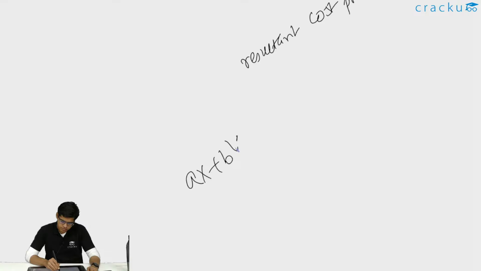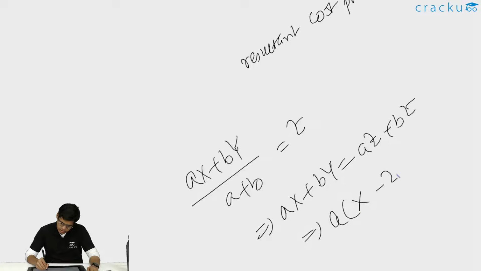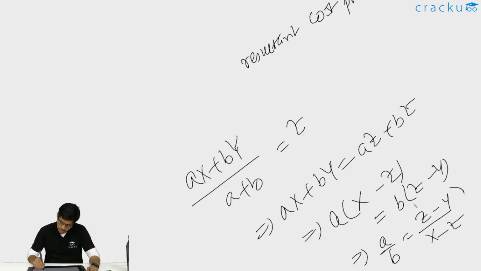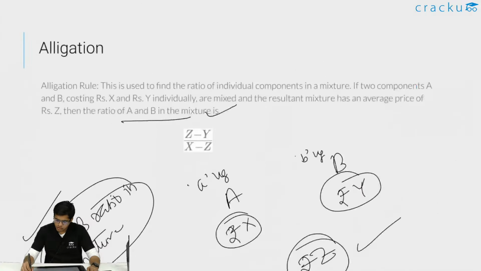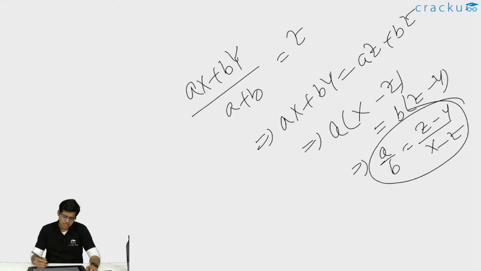AX plus BY divided by A plus B equals Z, or AX plus BY equals AZ plus BZ, or A into (X minus Z) equals B into (Z minus Y), or A by B equals (Z minus Y) by (X minus Z), right? So the ratio of A and B in the mixture is (Z minus Y) by (X minus Z), right? But this is a long derivation, right?